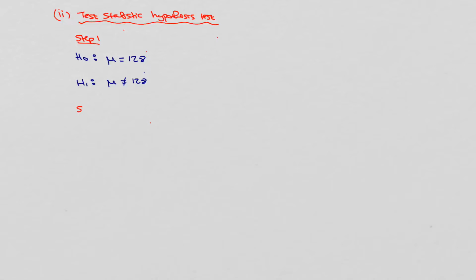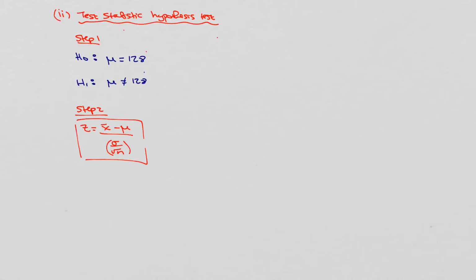Step 2 is our test statistic. So Z is equal to the sample mean minus the mean over the standard deviation divided by the square root of n, which can be found in our maths tables, our standard error of the mean.